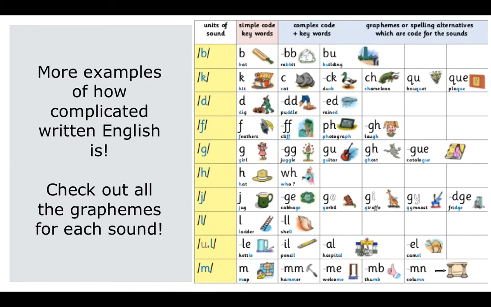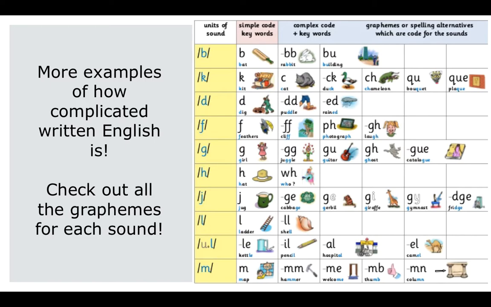This is a great worksheet that explains how complicated English writing is. Remember I say that English is mean? Here's a perfect example. The B in bat, rabbit, and building all have slightly different spellings, but they all have the same sound.